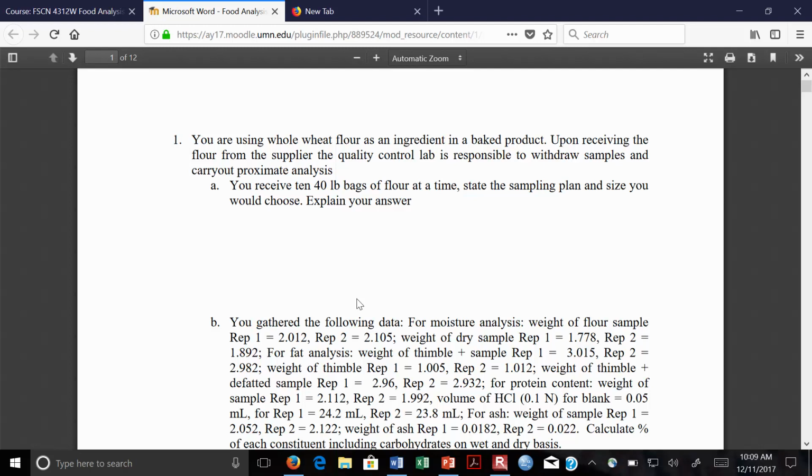Yeah, you can say randomized sample selection, and then you would explain that, because you're asked for the size that you would choose. The size is not the amount. What I meant by size is the number of samples you would pick. So then you would say, I number the bags, and then take the square root, select the 10, etc. Yeah, so in our notes, we went over single, double, multiple sampling.